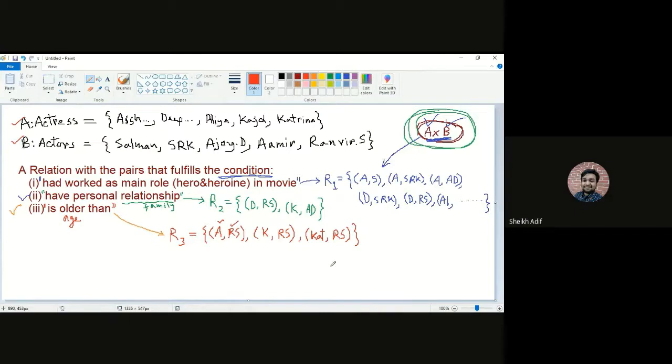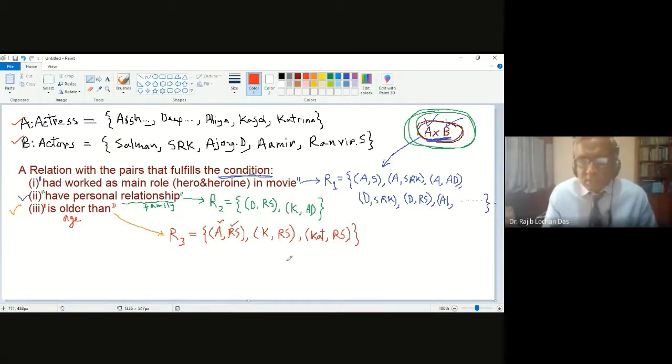No, sir. Okay, so let me talk a little about your database management system. In that case also, when you have a table, that table is called a relation.